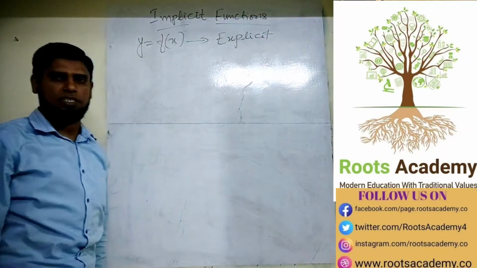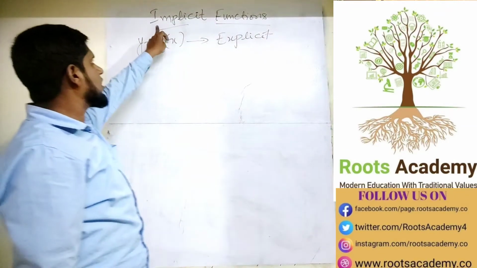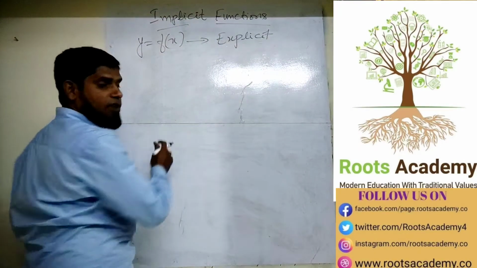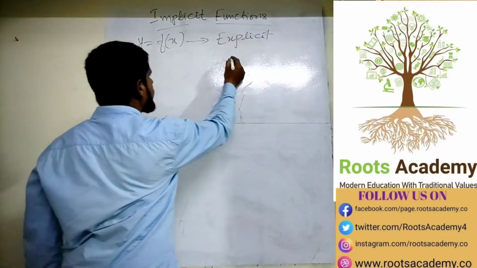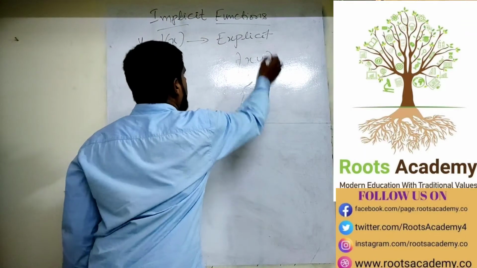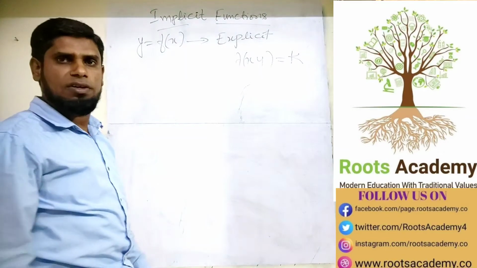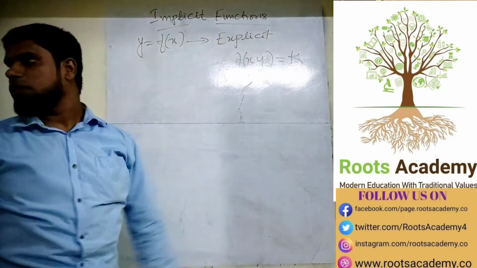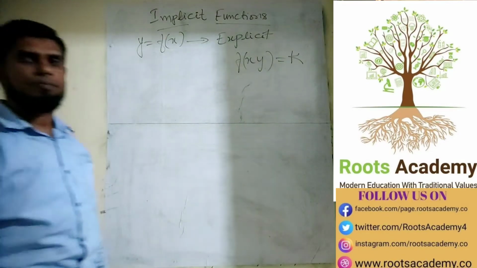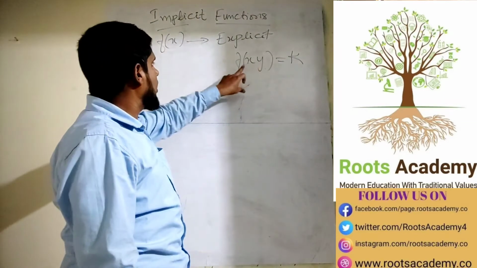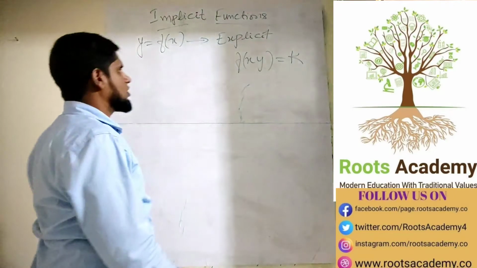Explicit functions. Then what exactly is implicit? Implicit is, if I have a function f of xy is equal to k, then these kinds of functions are called implicit functions.